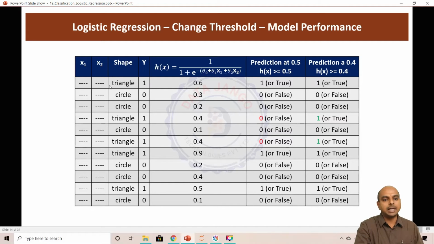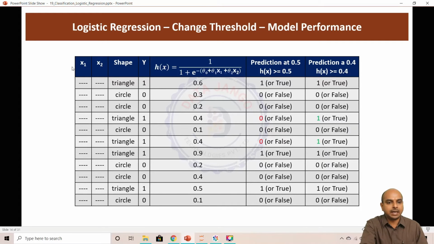Let us take a small data set where there are two classes, triangle and circle, as the target variables, and x1, x2 are the inputs. We don't care about x1, x2 right now because we need to understand the logistic regression setup. So the y value I can transform, triangle as 1 and circle as 0, and make it a binary class classification problem.